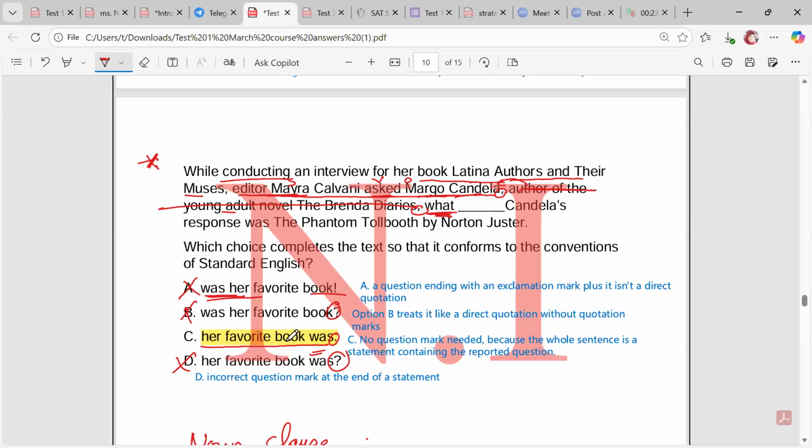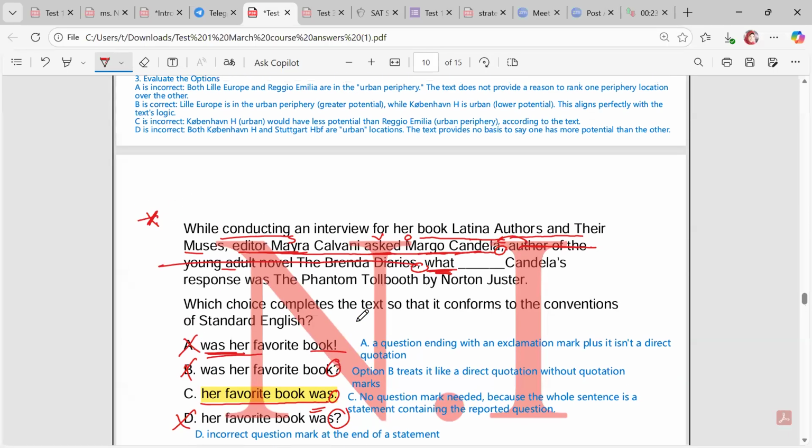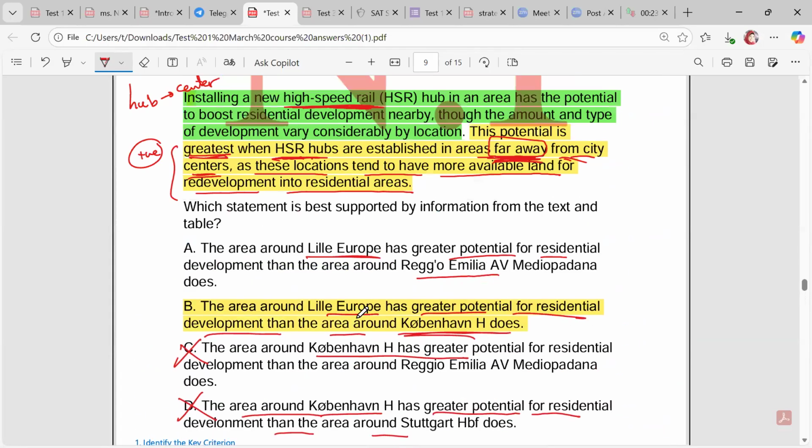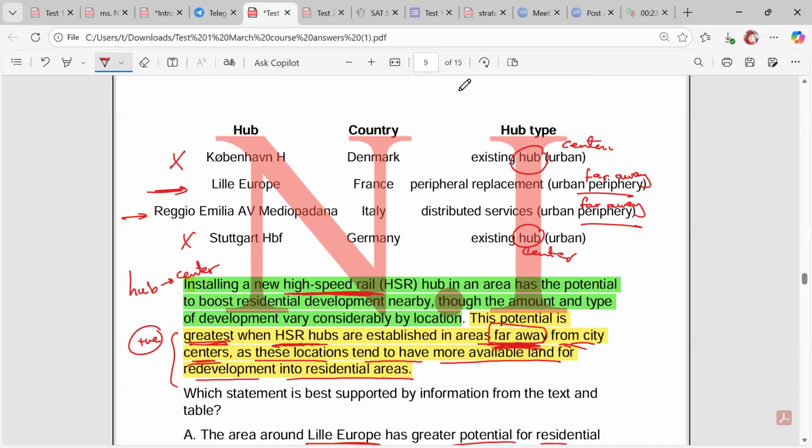Her favorite book was is subject then verb, ending with a period. Whereas if I start the sentence with 'What was your favorite book', I end it with a question mark. This is a part of a statement.